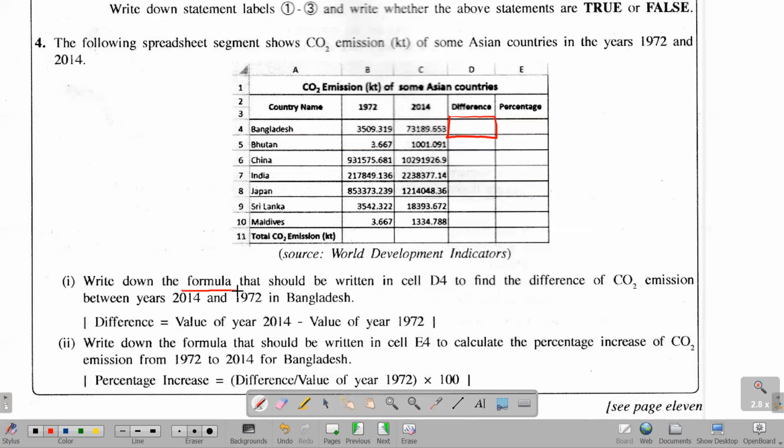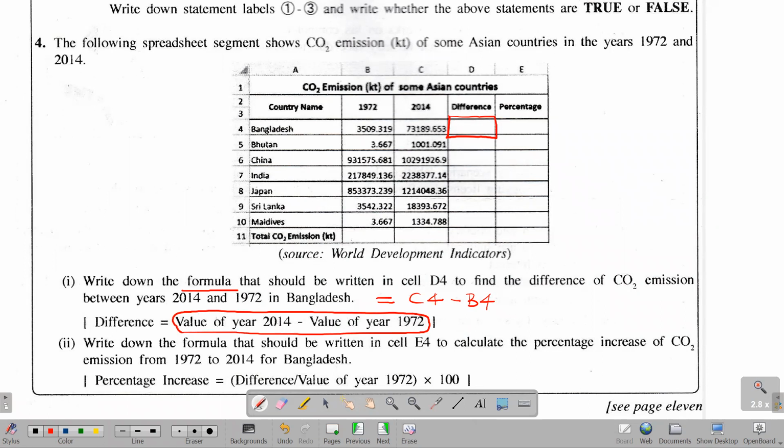So you can write it: equals C4 minus B4, since the C4 value is greater. And the equation in words is defined the same way.